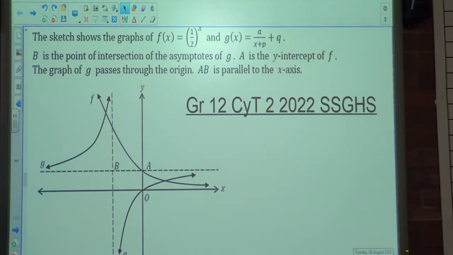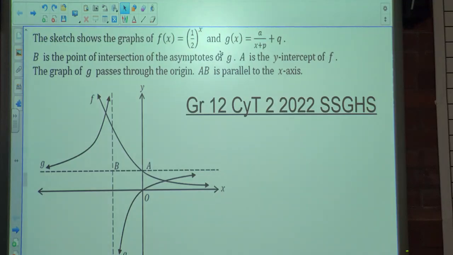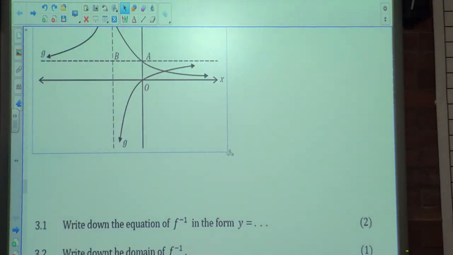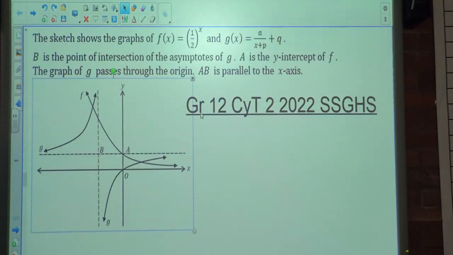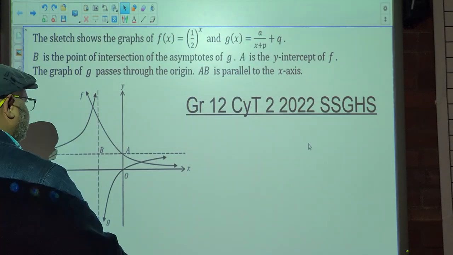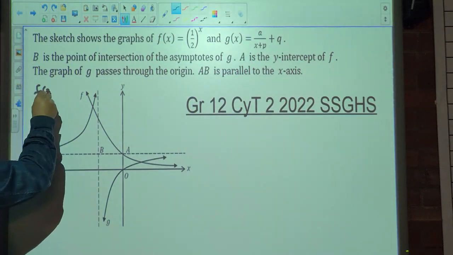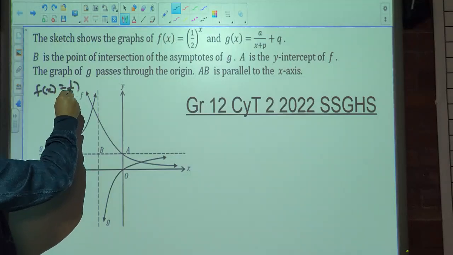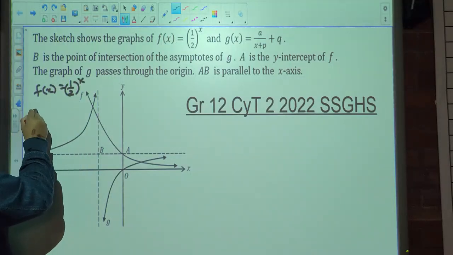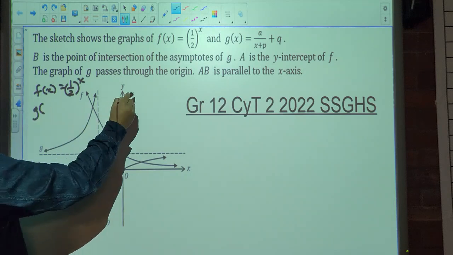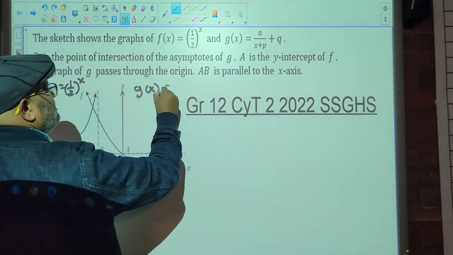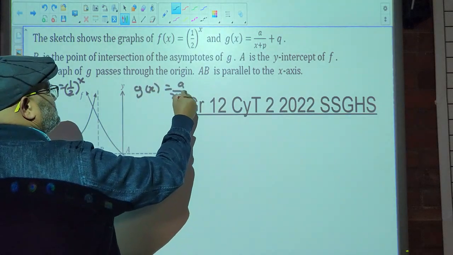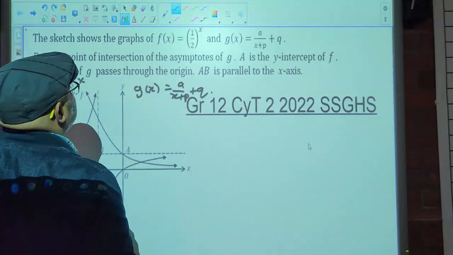The sketch below shows a graph of f(x) equal to a to the x, where f(x) is going to be half to the x. g(x) you know here is equal to a over x plus b.